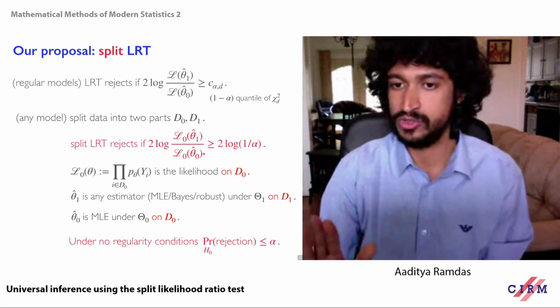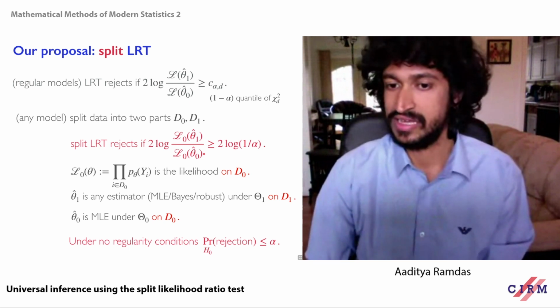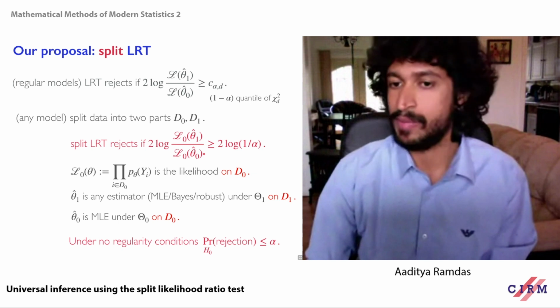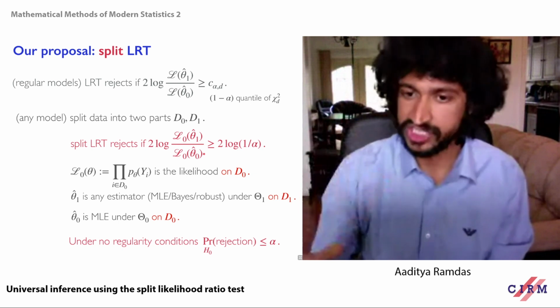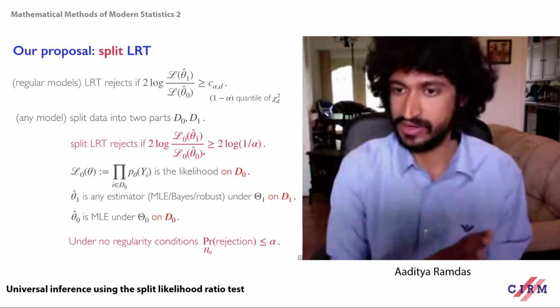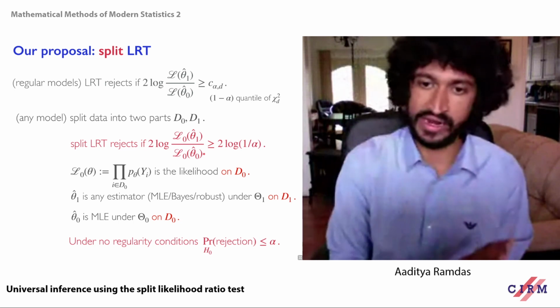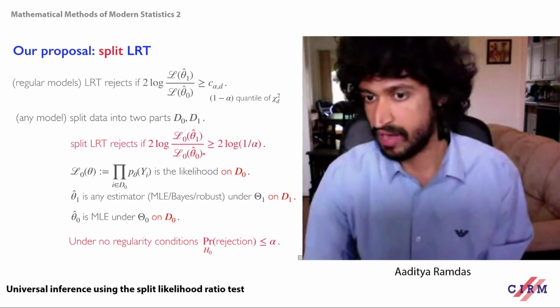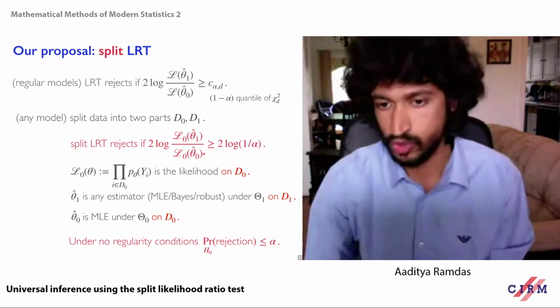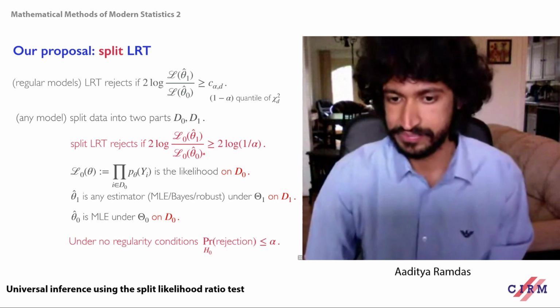So this gives you a level alpha test as long as you can calculate the MLE under the null. This is a reduction from maximum likelihood estimation to testing. If you can calculate the MLE under the null, you can test the null. And because under the alternative, you can use any estimator.